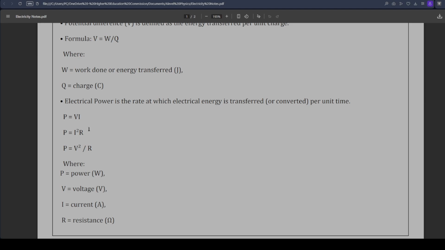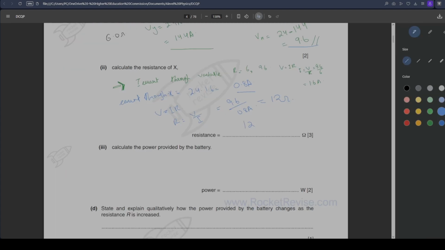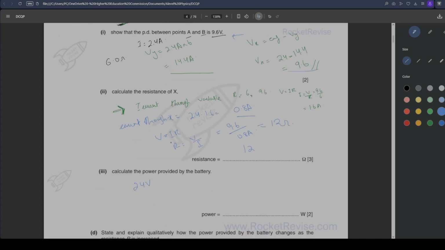Calculate the power provided by the battery. Power is equal to VI, and our voltage was, I believe, 24 volts. Our EMF was 24, and our current was 2.4.